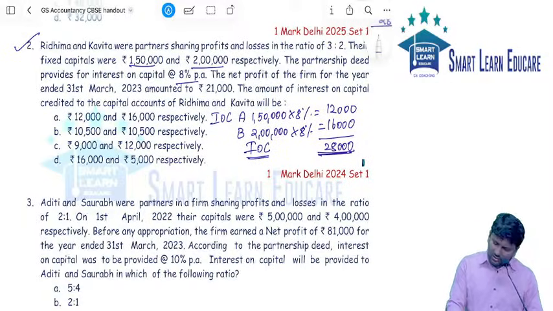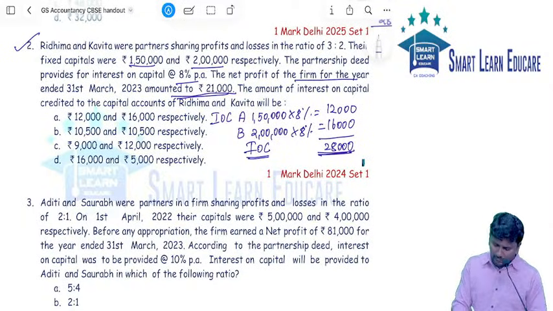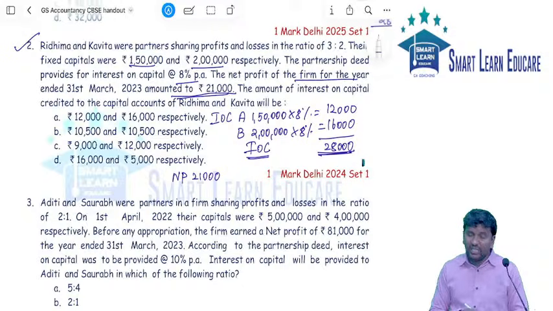Whereas, what is the net profit earned for the particular year? Profit earned itself only how much amount? 21,000. Net profit is 21,000, but to pay interest on capital we require how much amount? 28,000.